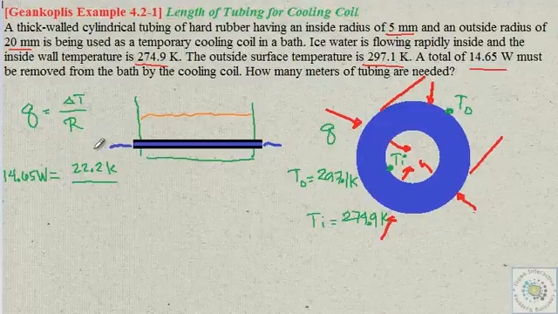Perhaps the only thing that we'll have a little bit of difficulty with is finding the resistance. We know that the resistance that this rubber tubing will provide depends on the thickness. The bigger the thickness, or the thicker the tube, the higher the resistance to flow, because the heat will need to pass through quite a distance.